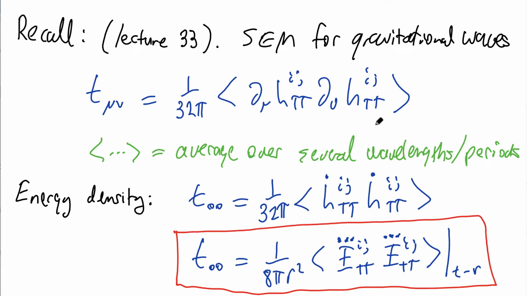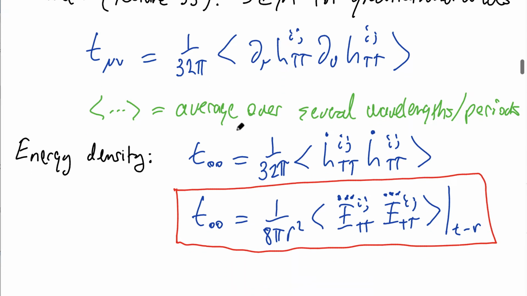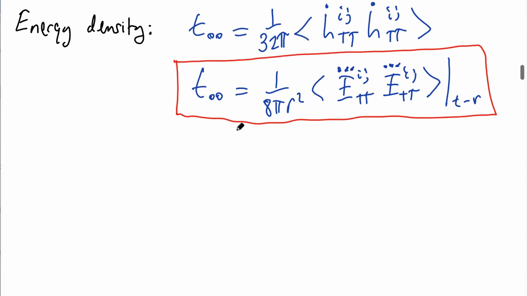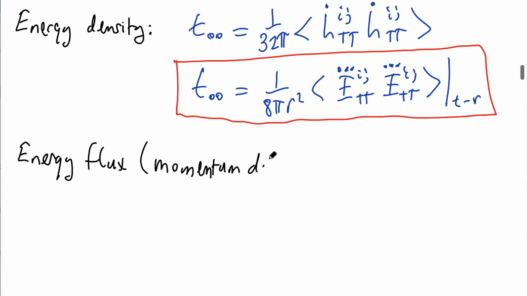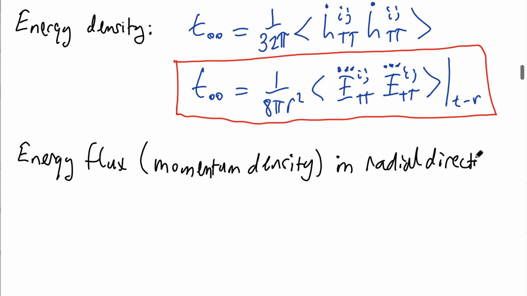Now let's use our general result to write down the energy flux in the radial direction. The energy flux is also the momentum density. That's T0k.